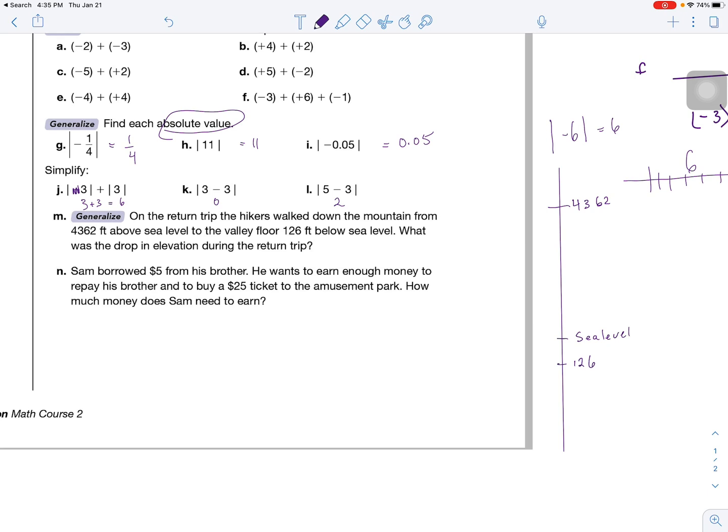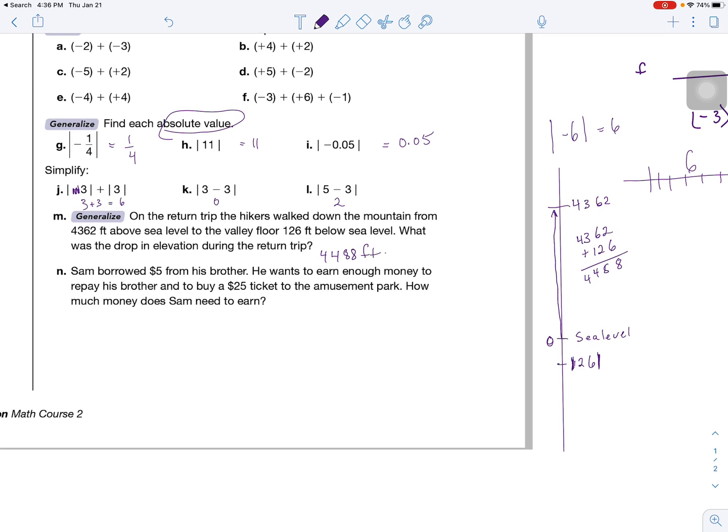So how would you find out that answer? Well, you know that this distance we've already got an answer for. That's 4,362. And here's where absolute value comes into place, because we just need to add that number to figure out the total distance, because this would be 0. So we have 8, 8, 4, and 4. So it would be 1,488 feet.